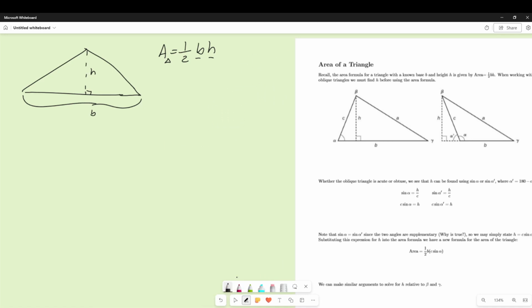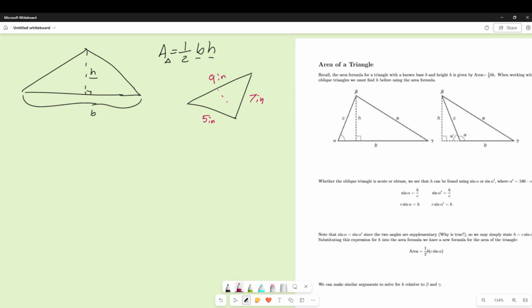The trouble is, in a lot of applications, we either don't know or it can be tough to find what this height is. For example, if you had a physical object, a triangular piece that you're trying to figure out the area of, you can measure that this is 7 inches and this is 5 inches and this might be 9 inches.